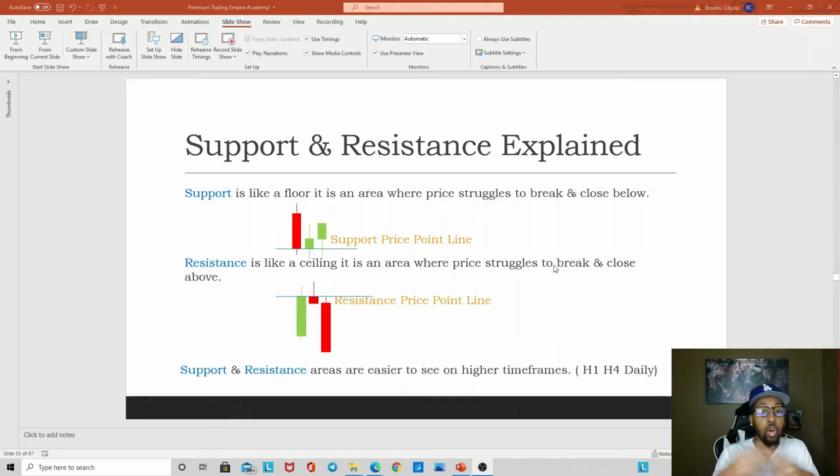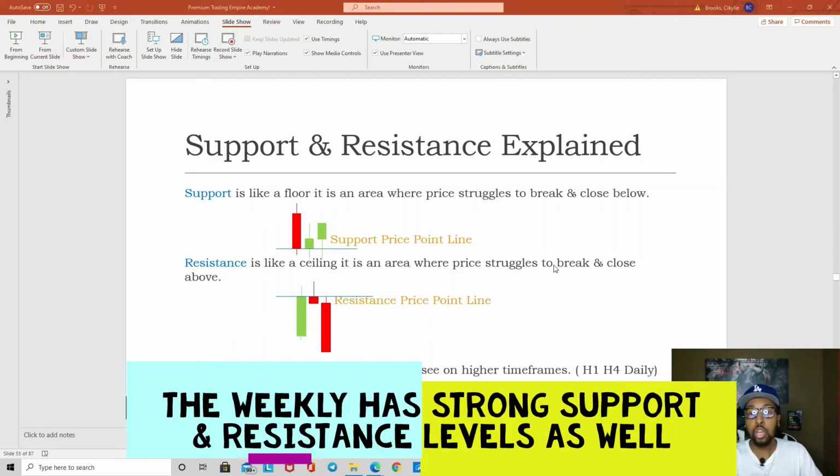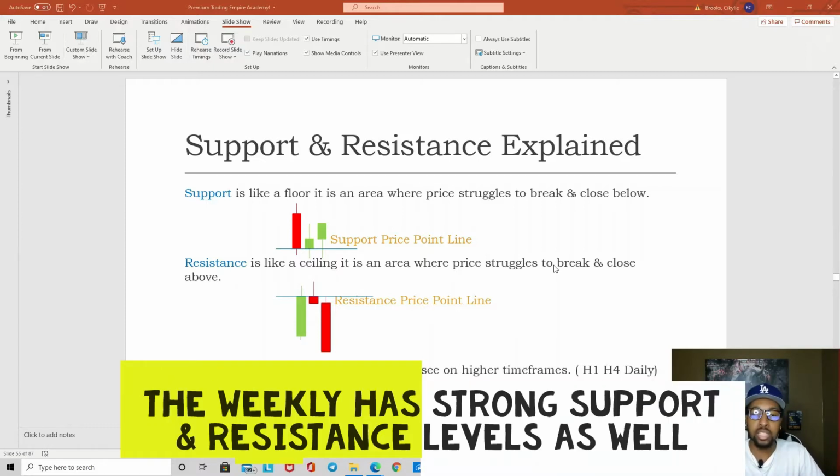With support and resistance, what I have found to be more accurate and stronger levels, I've seen more on the 1-hour, the 4-hour, and the daily time frames. Those are the 3 time frames where I see support and resistance the most, and it's the most accurate.